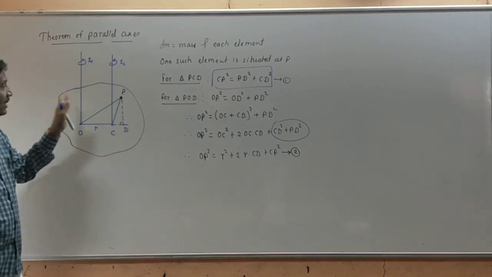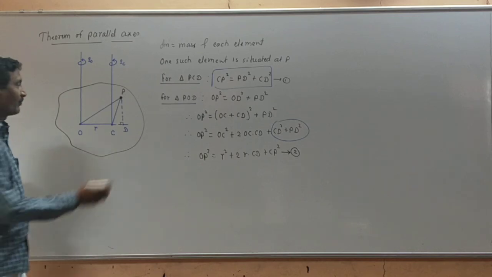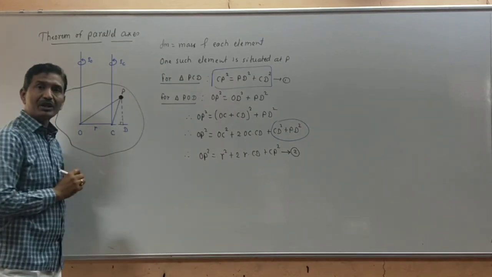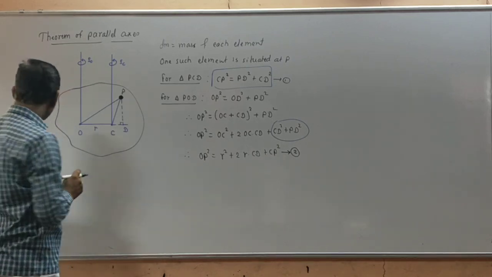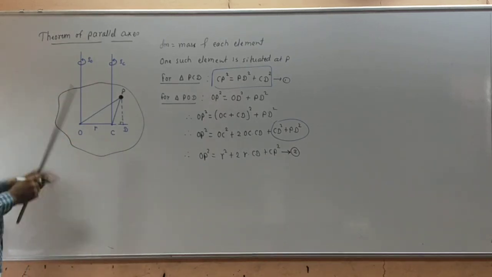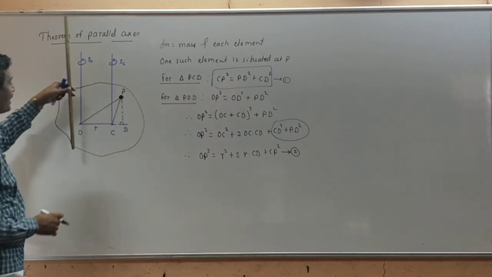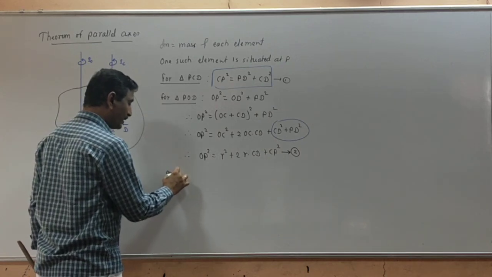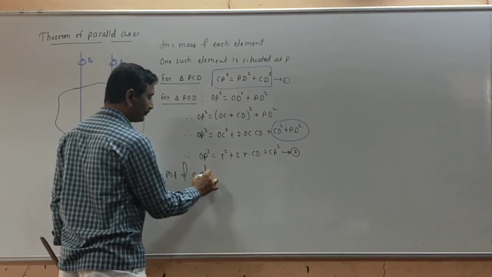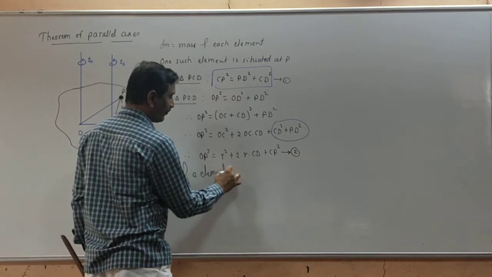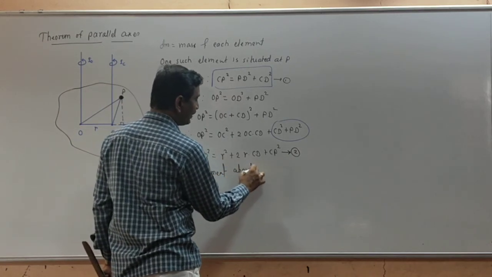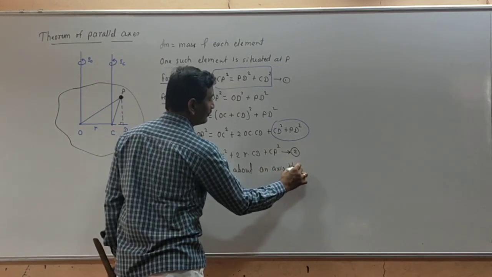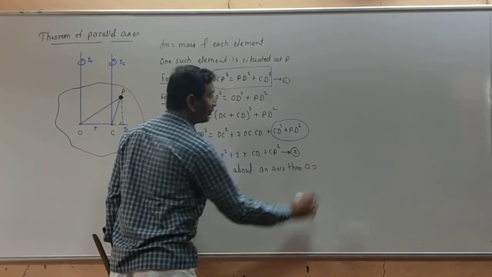Now we apply the definition of the moment of inertia. So we consider an element of mass dm situated at point P. Now what is the moment of inertia of this element about an axis passing through O? So we apply the definition. Moment of inertia of an element about an axis passing through O is equal to.